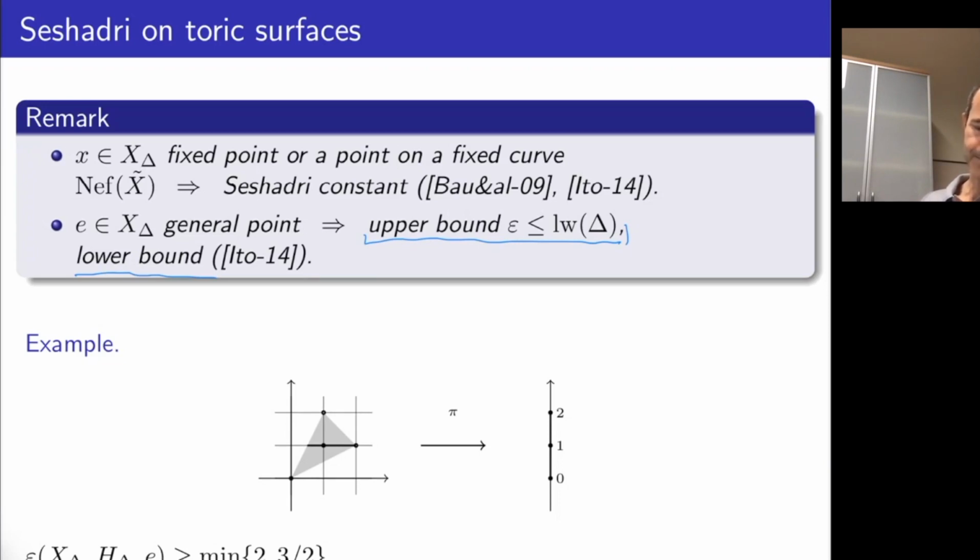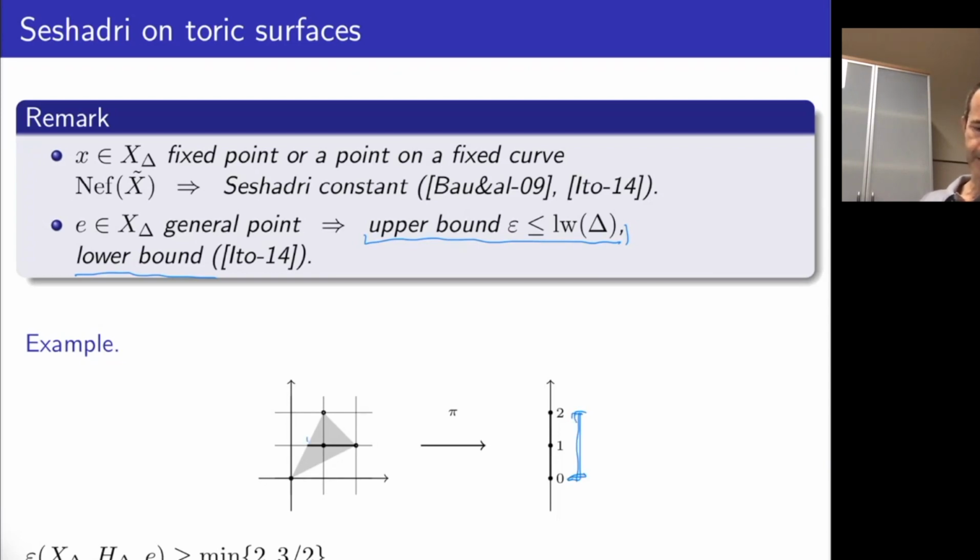Let me explain the lower bound by this example of the triangle I drew before. We can consider any projection of this triangle to a line. In this case, I consider the projection onto the second factor. Then I take the length of this segment, which is 2.